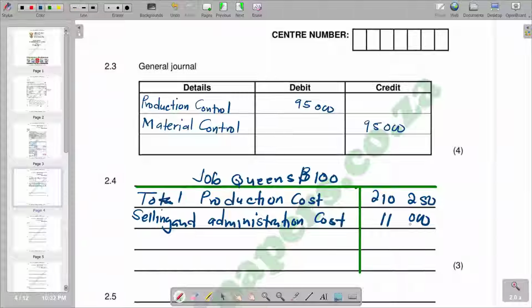And then we are going to get a total. If we add 210,250 plus 11,000, you get a total of 221,250, which is going to be our total cost.